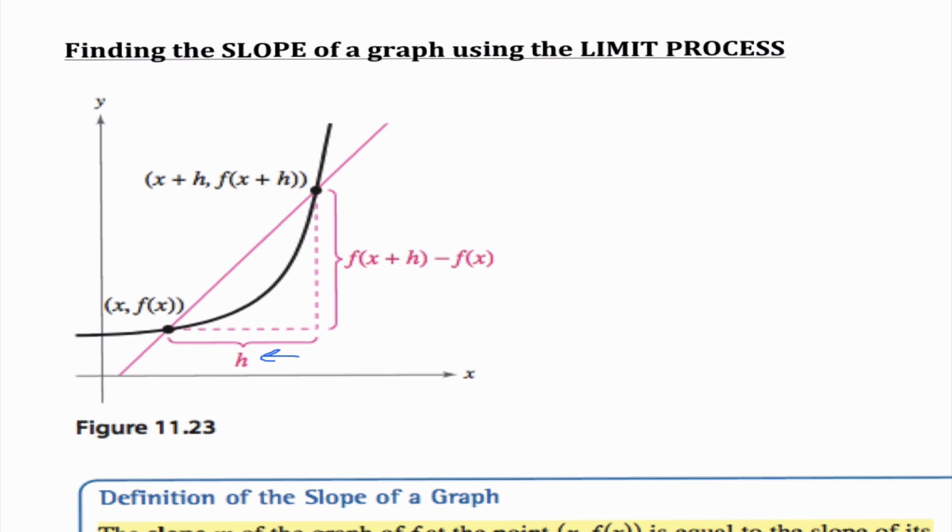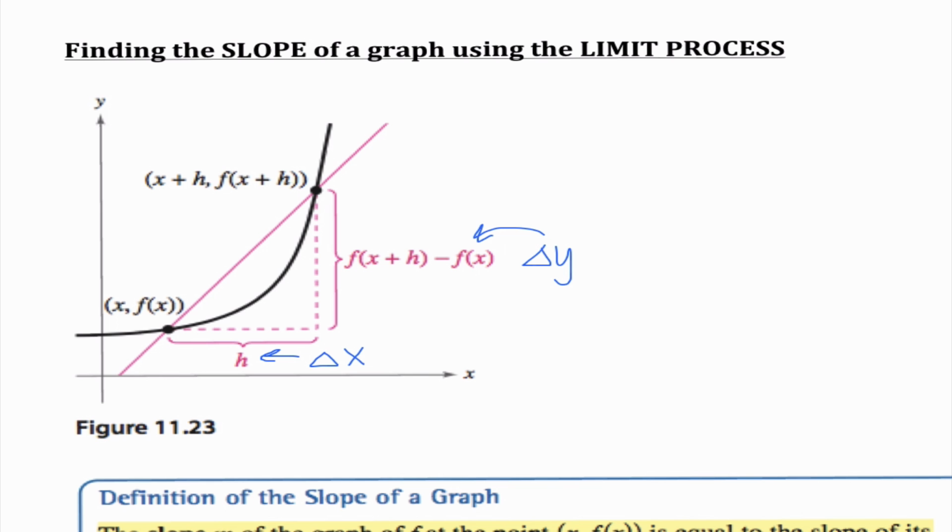And this really represents the change in x. Now over here, we're taking our y values and subtracting them, so this is the change in y. So even though these values look a lot more complicated, all it's doing is finding the rise over the run.